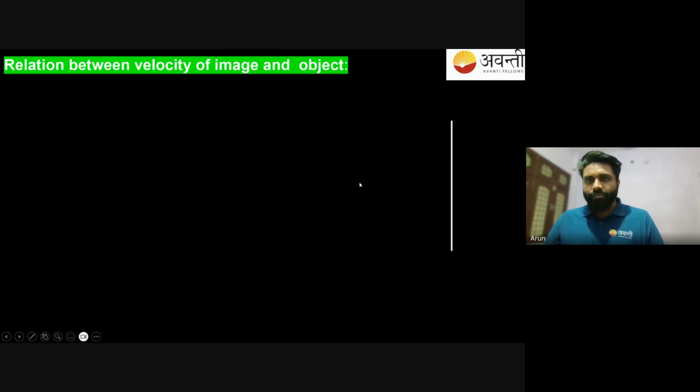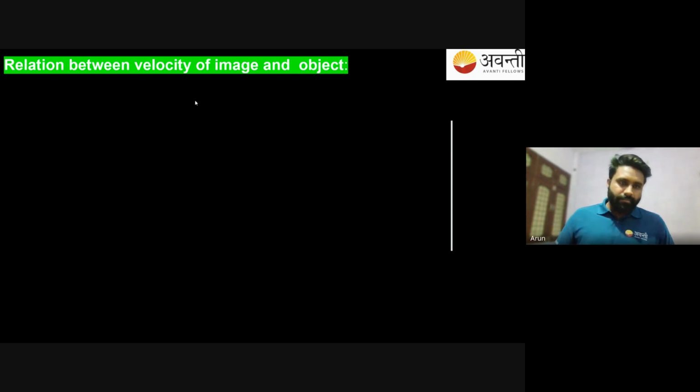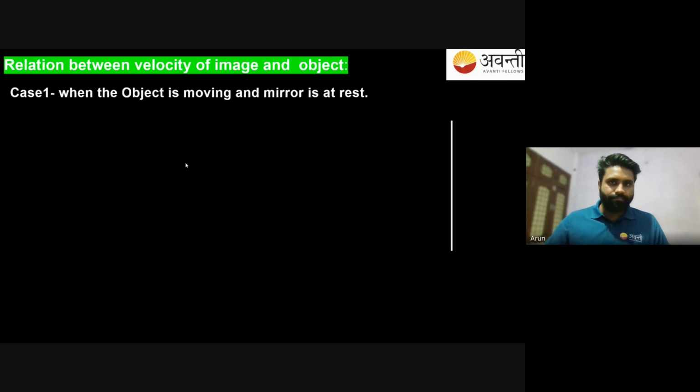So these are the few most important parts of this chapter, the relation between the velocity of image and the velocity of object. Okay. Firstly, what we will do... So in the first case, when the object is moving and the mirror is at rest.